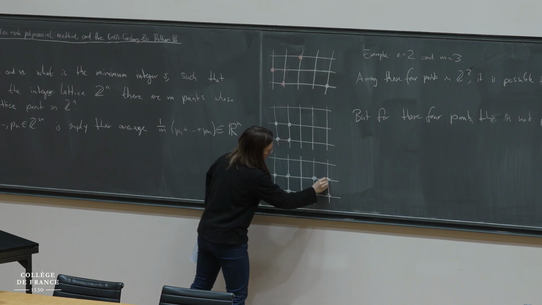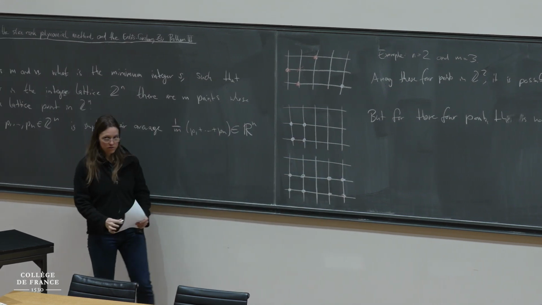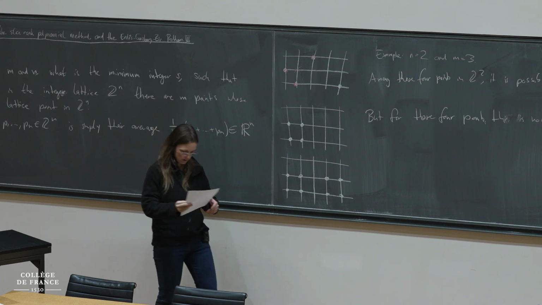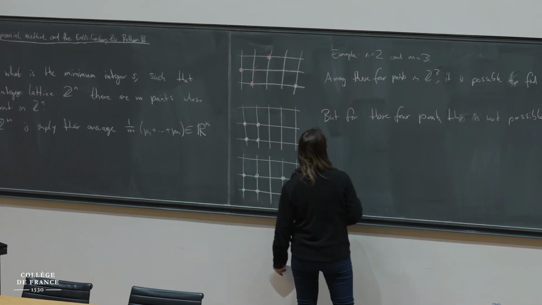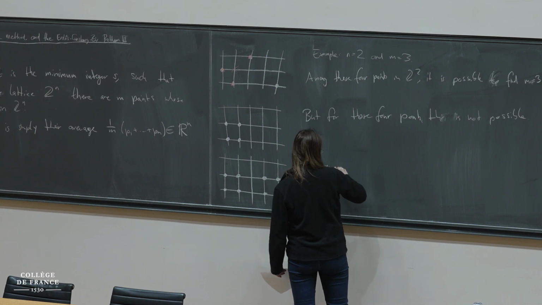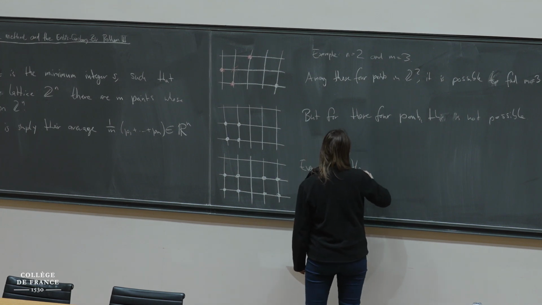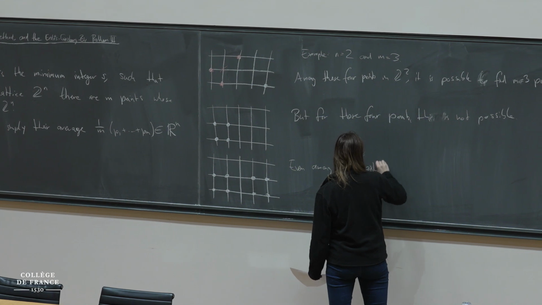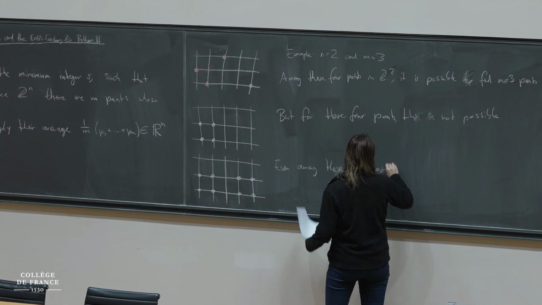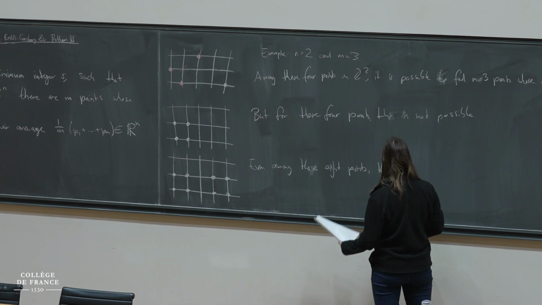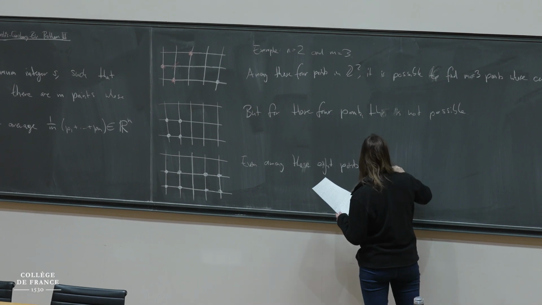If you pick these 8 points, then you see that again you can't choose any 3 whose centroid is a lattice point. So this shows that even among these 8 points, it's not possible to pick 3 whose centroid is a lattice point.